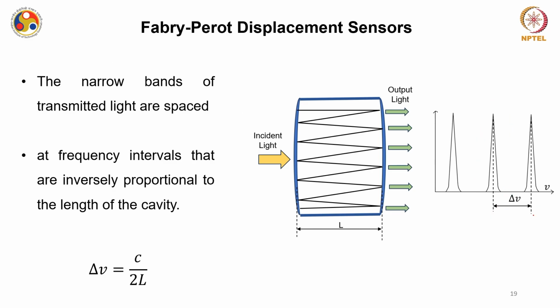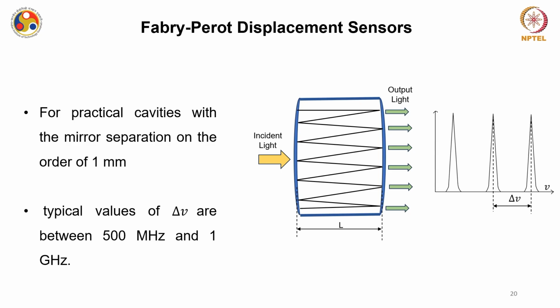The narrow bands of the transmitted light are spaced at frequency intervals that are inversely proportional to the length of the cavity. So delta nu is equal to C by 2L, where C is the speed of light and L is the cavity length.